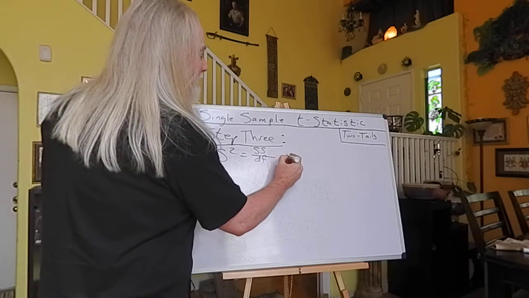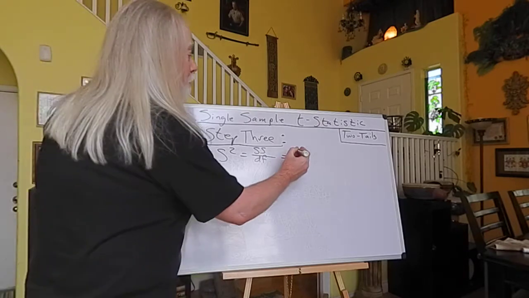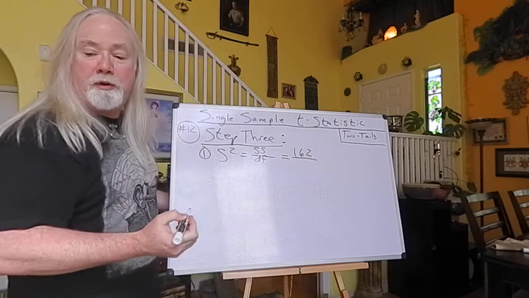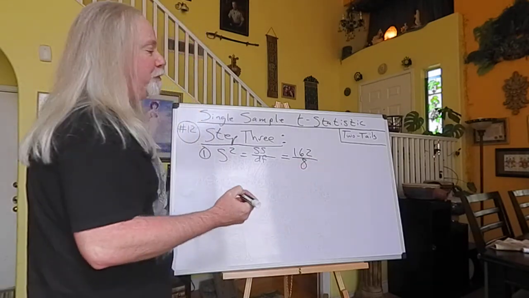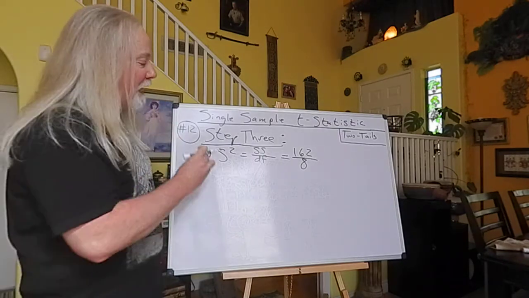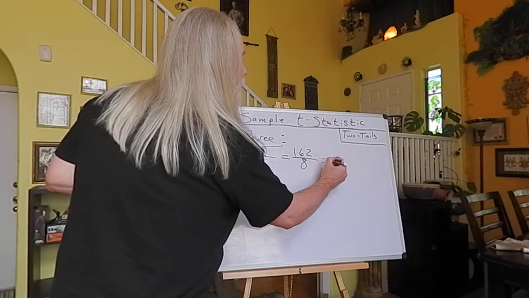Well, the problem did tell us that the sums of squares was 162. And we already know the degrees of freedom is 8. We figured that out in the last step. 9 minus 1 for 8. So this means that our sample variance equals 20.25.